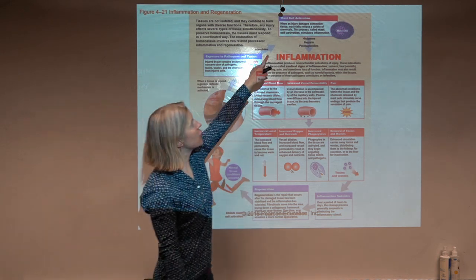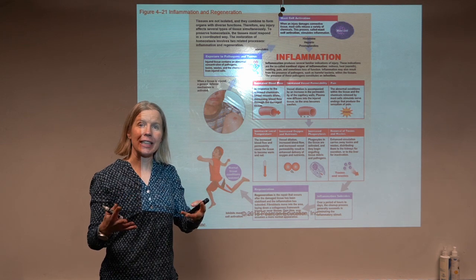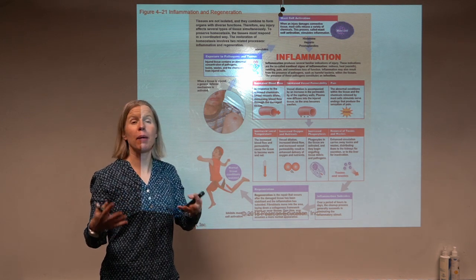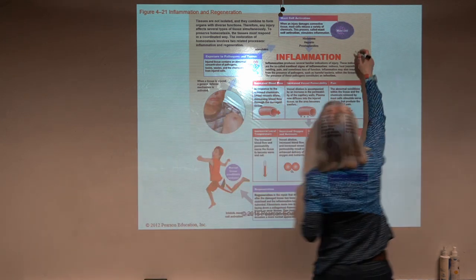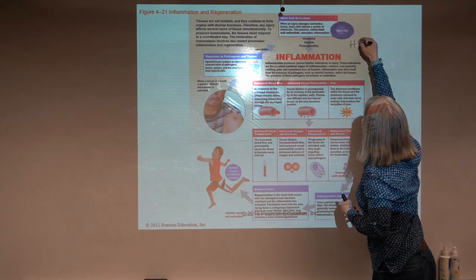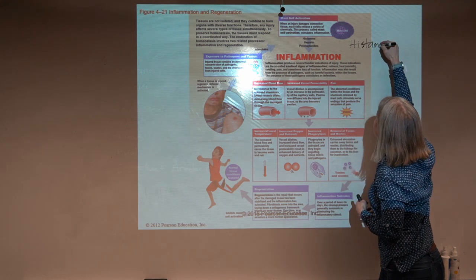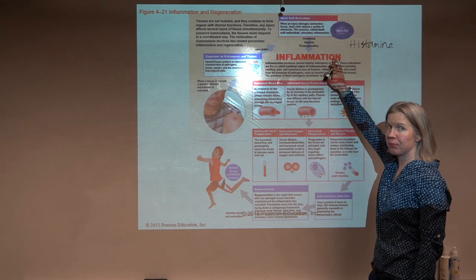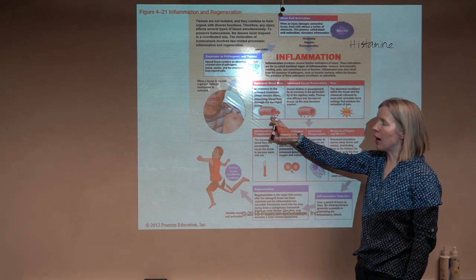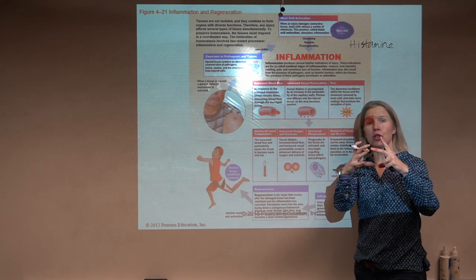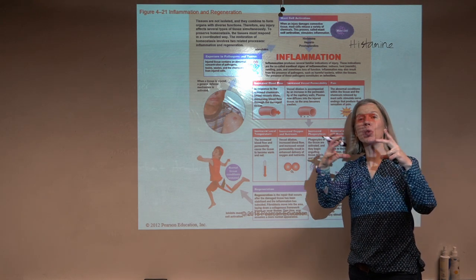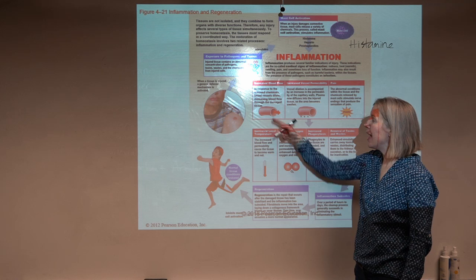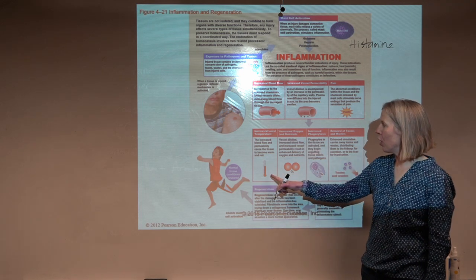So those damaged cells are actually going to release some chemical mediators, a chemical called histamine. And histamine is going to trigger inflammation, okay? And so what histamine does is it causes blood vessels to vasodilate, right, to enlarge. That's going to increase blood flow, right?